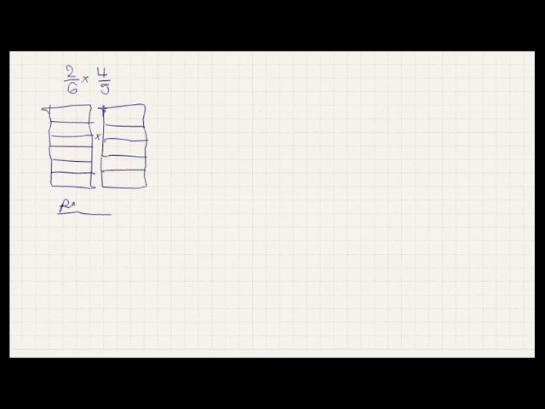Now, write the algorithm for multiplication of fractions.